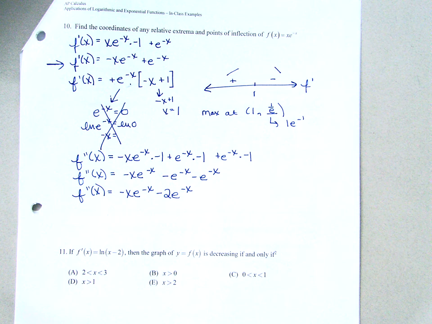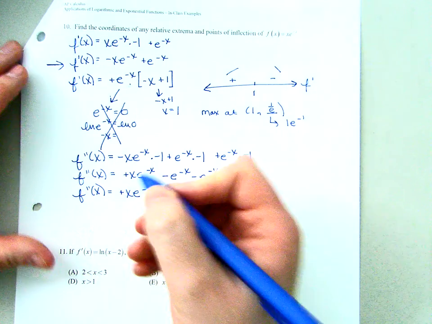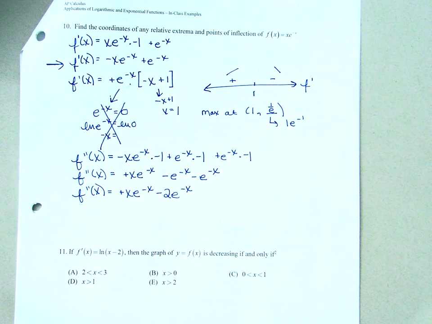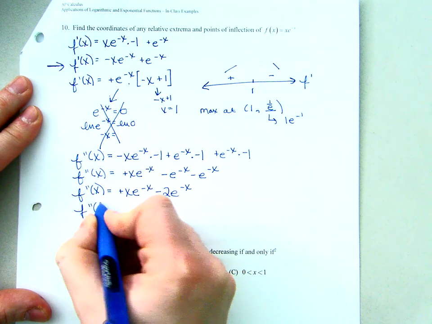I think you disagree. Maybe. I don't know. Oh, because you're trying to tell me negative x times negative 1. Yeah, I guess. If you want. Okay, we'll make that positive. And then we can factor out an e to the negative x.